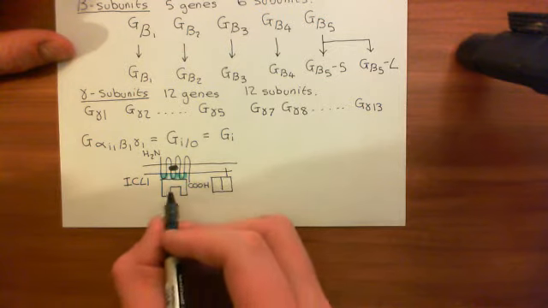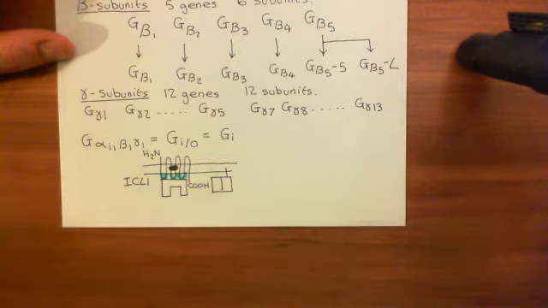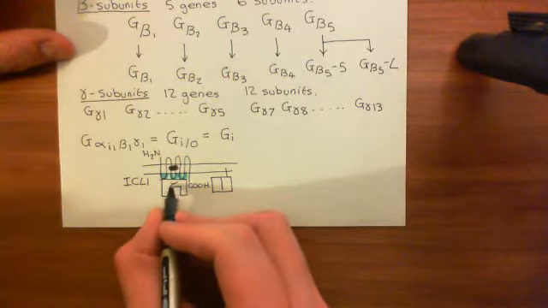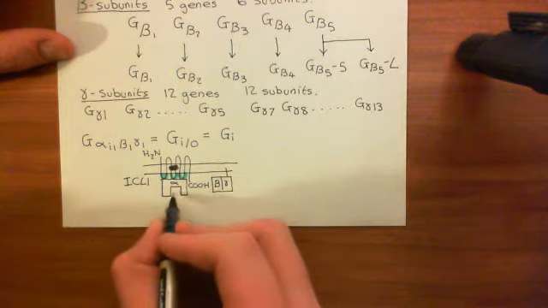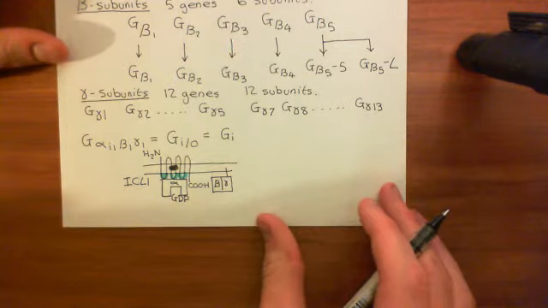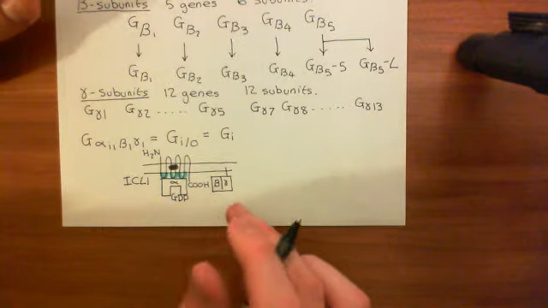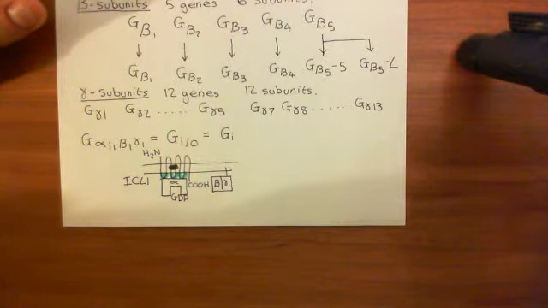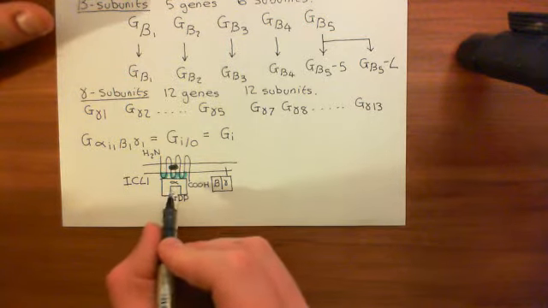So the alpha subunit binds to this binding pocket that is created by these intracellular loops, but it can only do this if it has the beta and the gamma subunit with it, and it will only be bound to the beta and the gamma subunit if it is in the off state and therefore has guanosine diphosphate bound to it. So off-state heterotrimeric G proteins can bind to the intracellular loops of these activated G protein coupled receptors, and specifically it's the alpha subunit that binds.